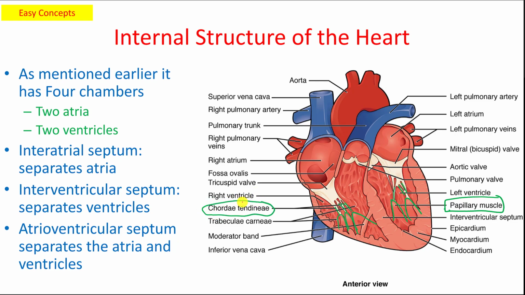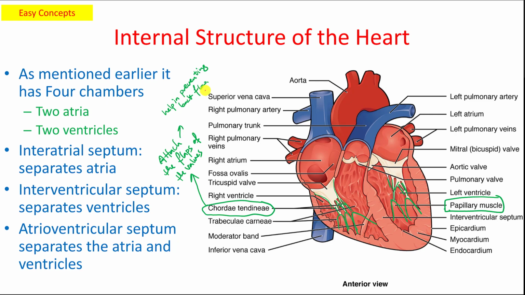And those chordae tendineae attach the flaps of the valves, the cuspid valves. See how this is the flap of the valve, and they are attaching it. The purpose is to help in preventing backflow.